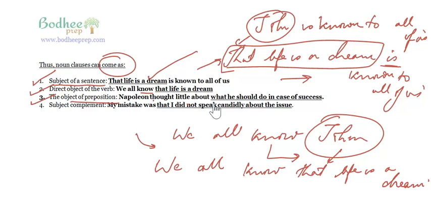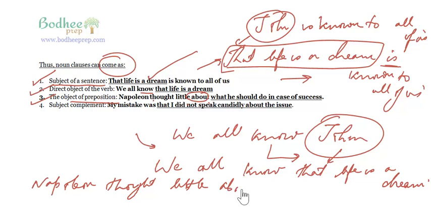Napoleon thought little about what? So you can say Napoleon thought little about his wife, correct? So this is a noun. Napoleon thought little about his wife.